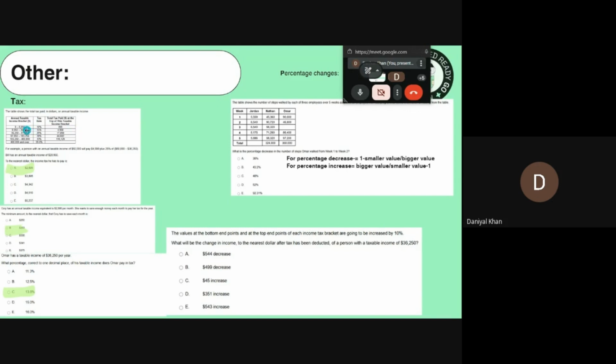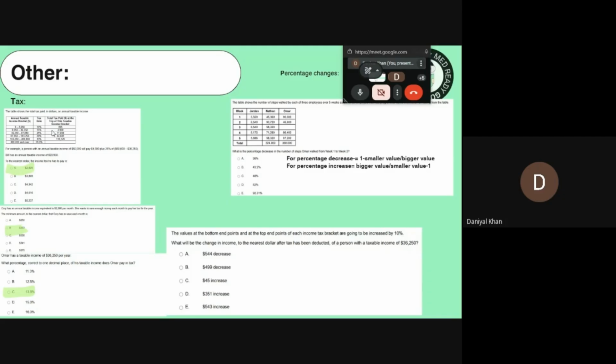It's because the top half of this 36,250 is going to change as well. So you do 36,250 times 1.1, you get 39,875 minus your 9,845. You get 30,030. And then add your 984.5, you'll get 31,014.5.